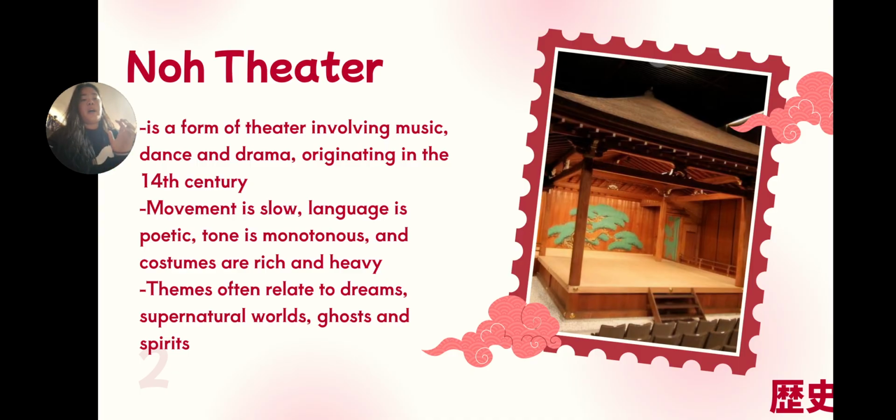So, Noh theater is performed on a square stage with a roof that is supported at its four corners by pillars. All sides of the stage are open except for the back, because the back consists of a wall with a painted image of a pine tree.